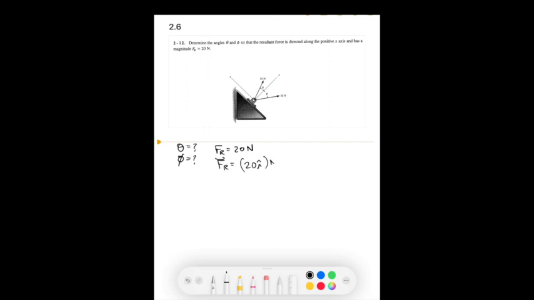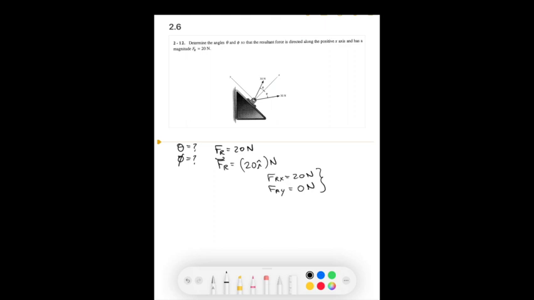There's no force acting in the y direction. This will help us because we know that FRx is equal to 20 and FRy is equal to 0, and we're going to use these two pieces of information to solve.